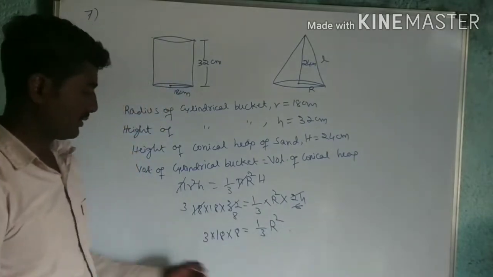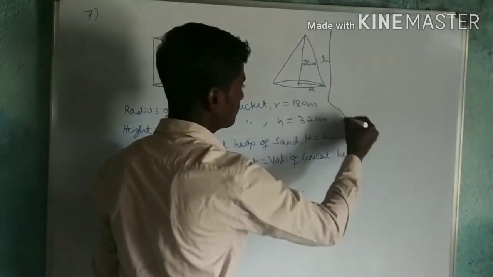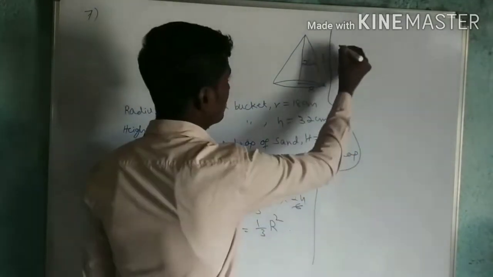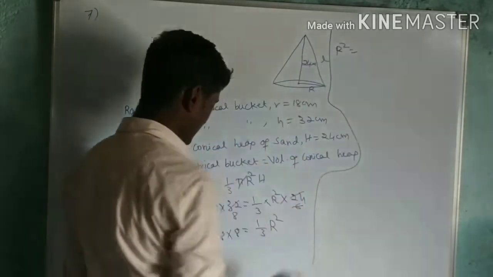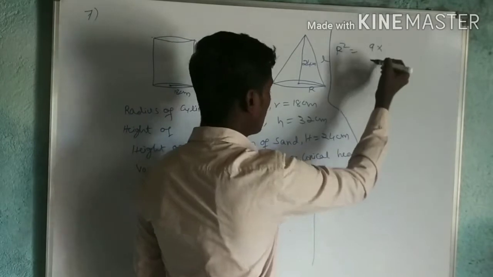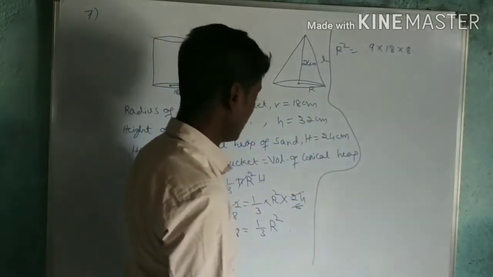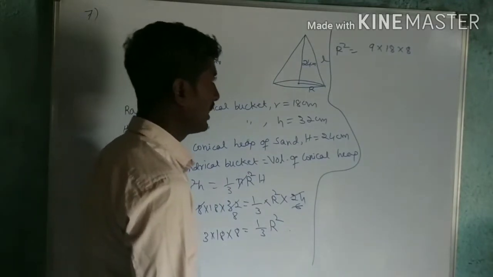Okay. Now here, cross multiplication, R square is equal to 3 3s are 9, 9 into 18 into 8. Okay. Now I want R square.